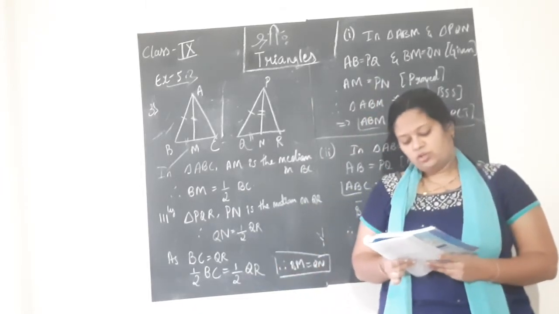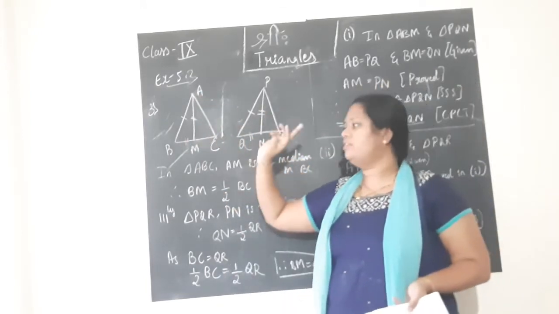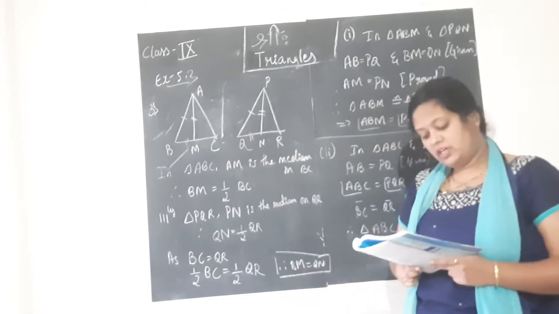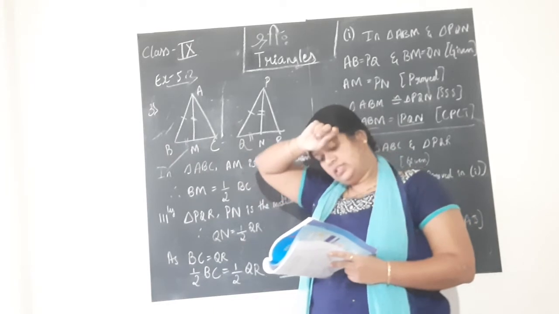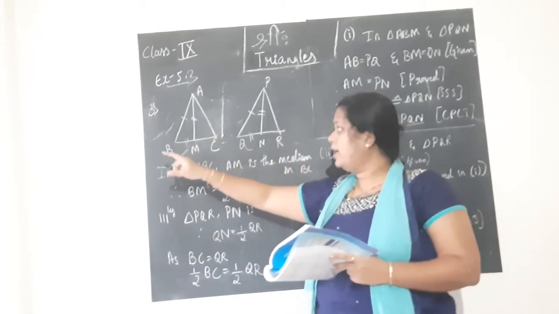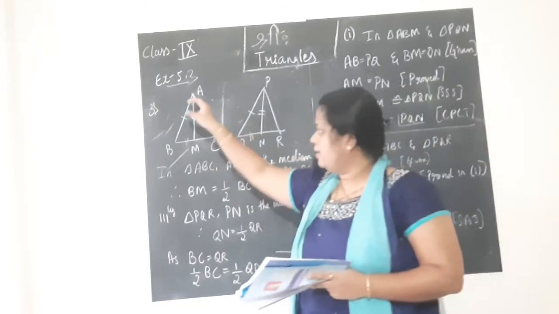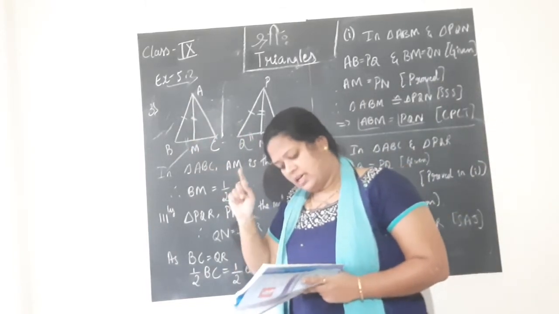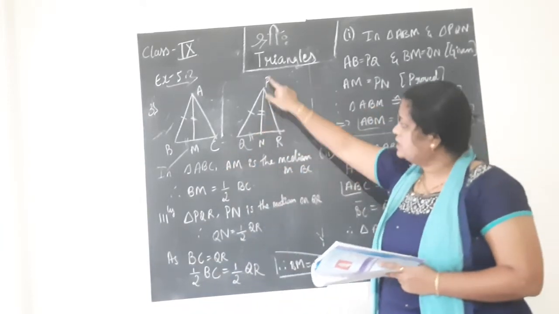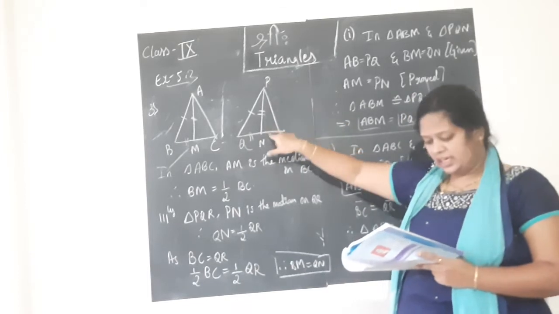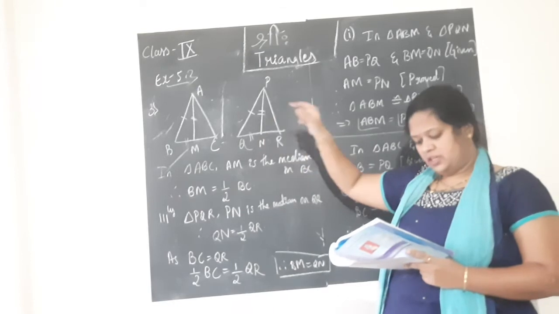The question is: two sides. You have two triangles, first triangle ABC, triangle PQR. They have given two sides AB, BC, and median AM of one triangle ABC, respectively equal to the sides PQ and QR and median PN of triangle PQR.